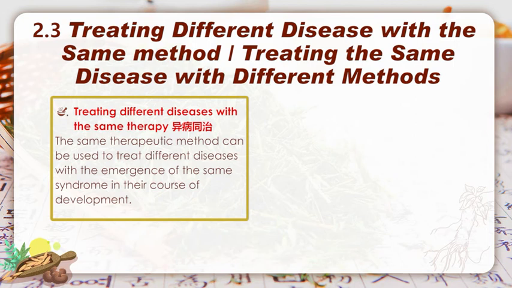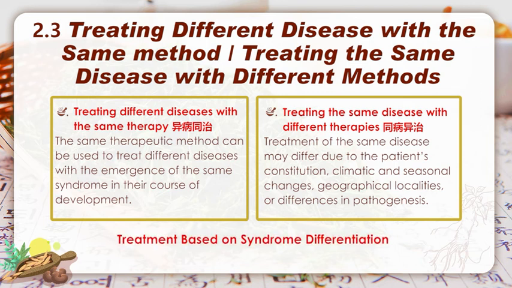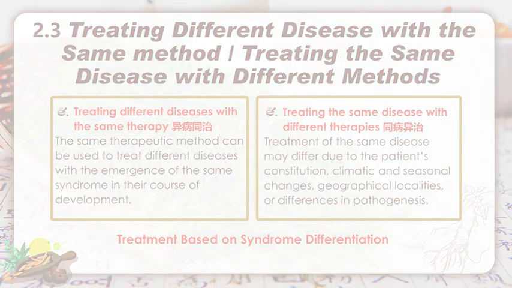The former means the same therapeutic method can be used to treat different diseases with emergence of the same syndrome in their courses of development. The latter means treatment of the same disease may differ due to the patient's constitution, climatic and seasonal changes, geographical localities, or differences in pathogenesis. Well, all in all, the underlying story is treatment based on syndrome differentiation.